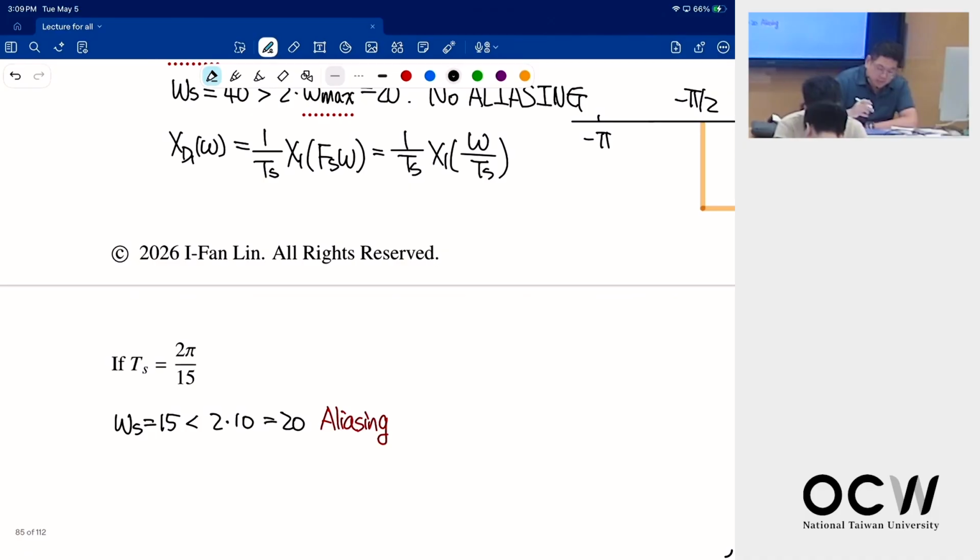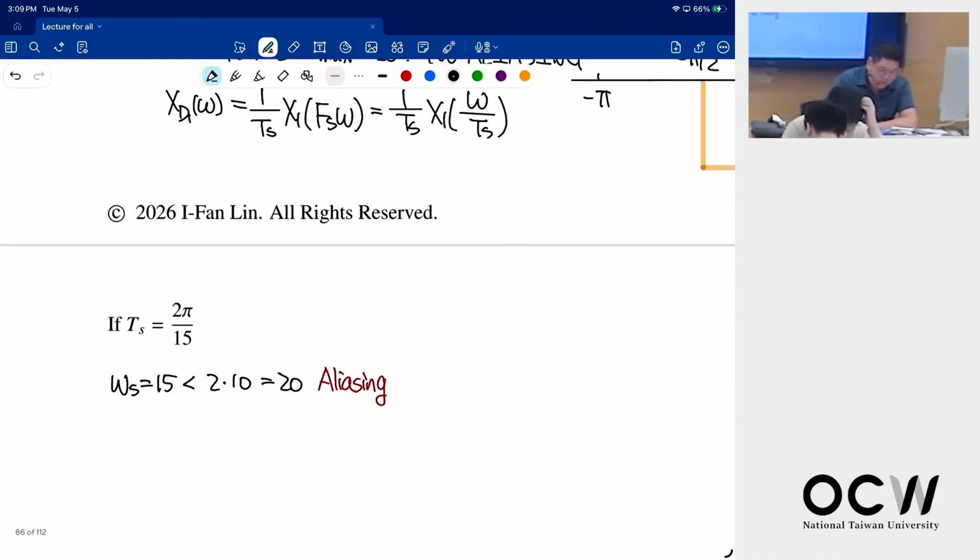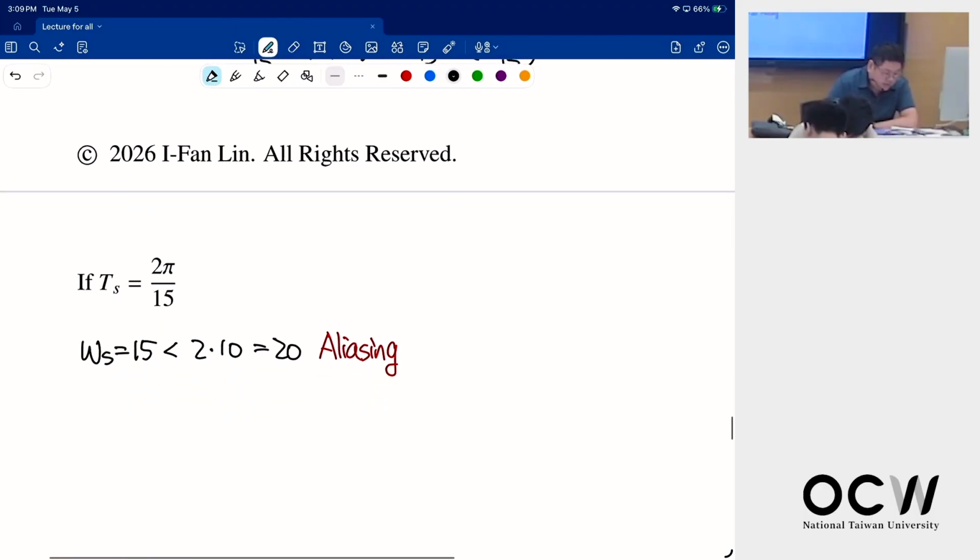So here, for this example, you can also check when the aliasing starts.